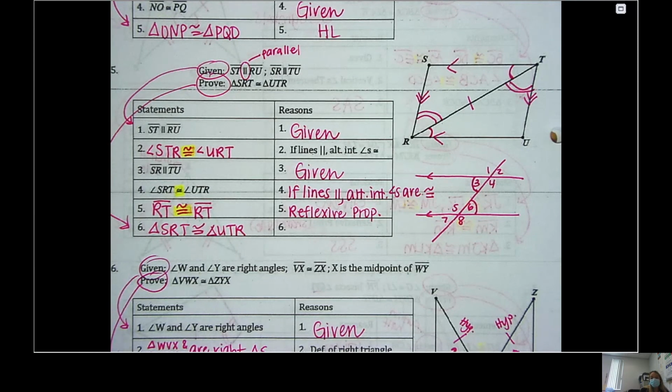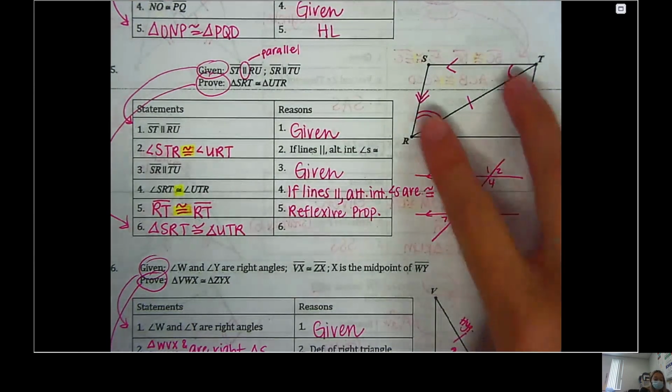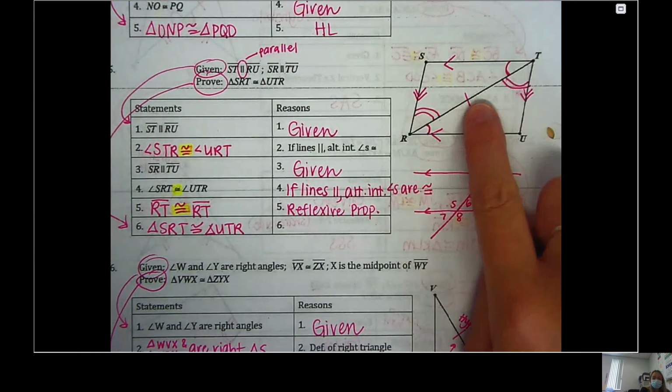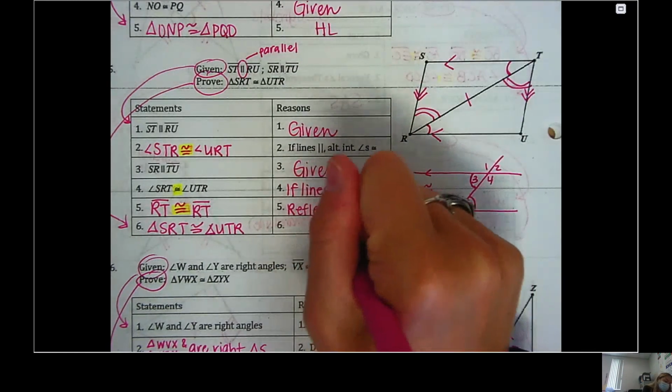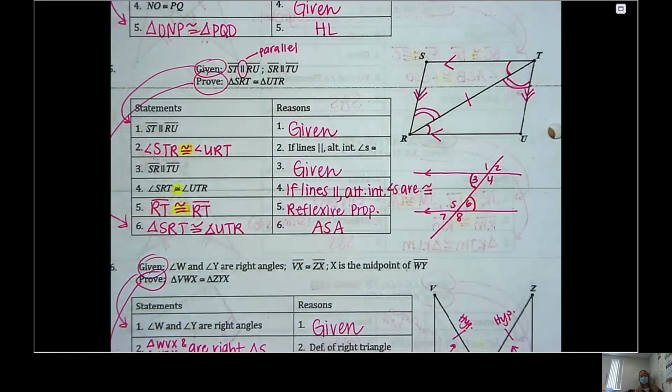No. Is it side, angle, side? Is it angle, side, angle? 2 angles with a side in between it. Answer's not on my face, it's up there. Do you have 2 angles with a side in between it? Yes, you do. So your final answer is angle, side, angle.